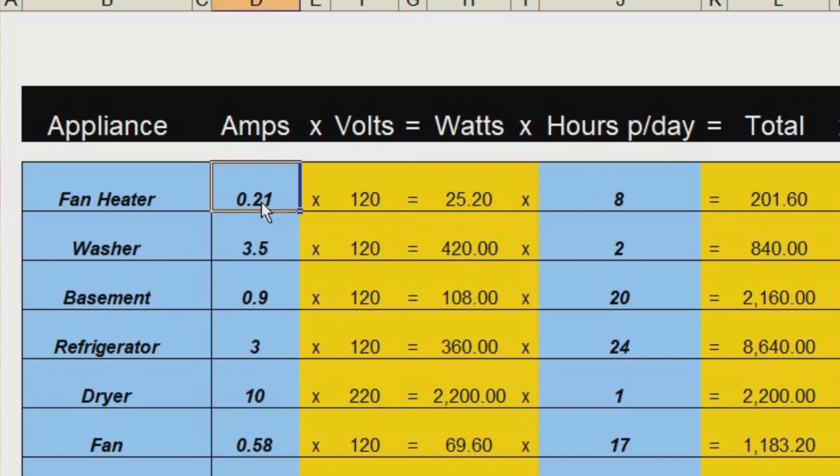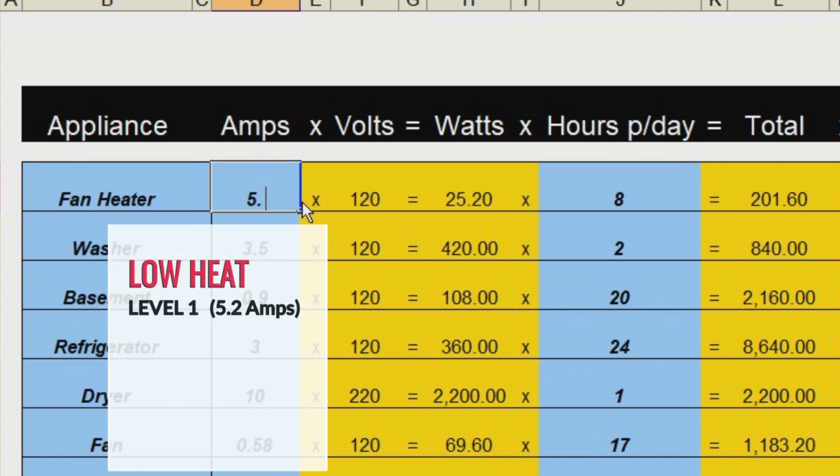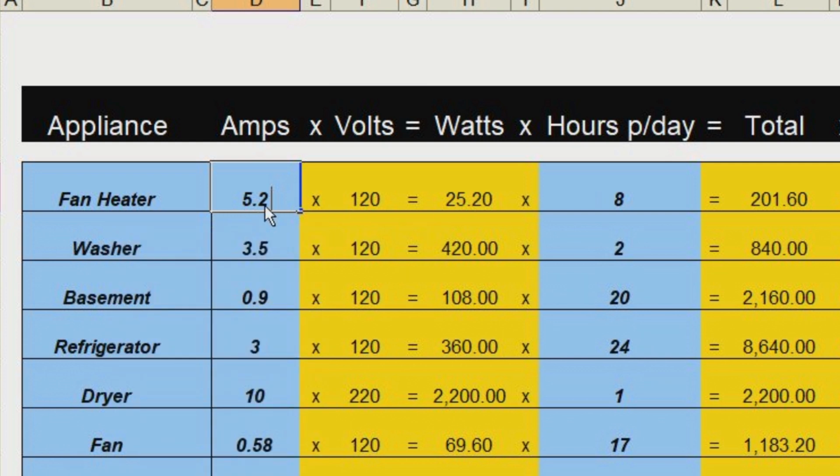So let's go ahead and change that now to the number 1 setting, which I believe is 5.2, if I'm not mistaken. So now we're going to use the same amount of time.